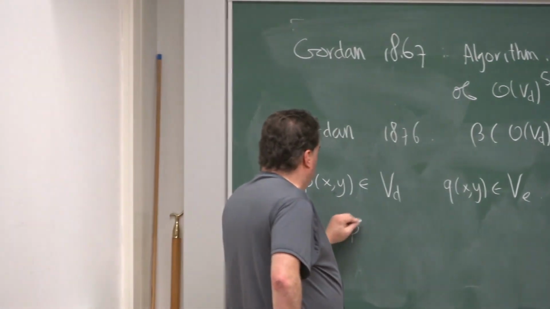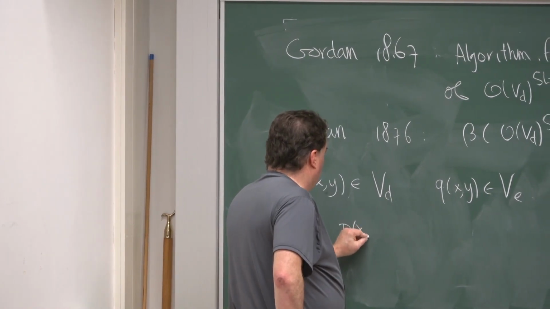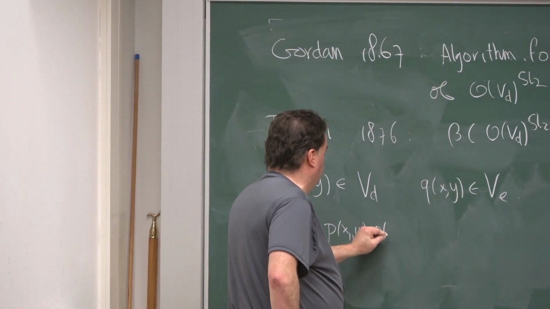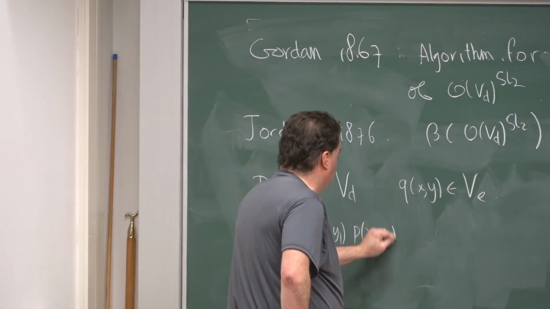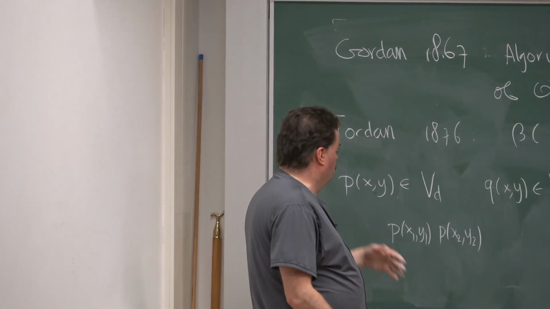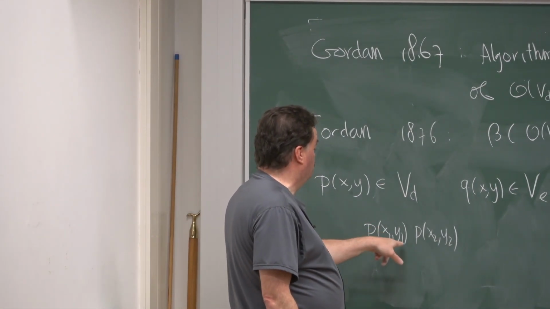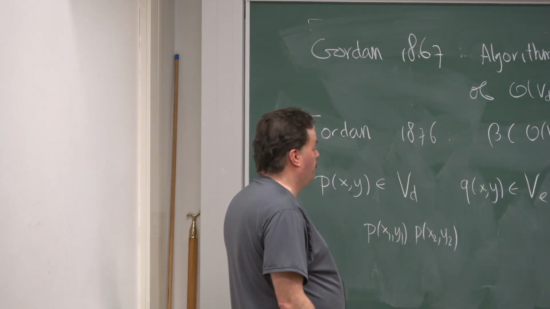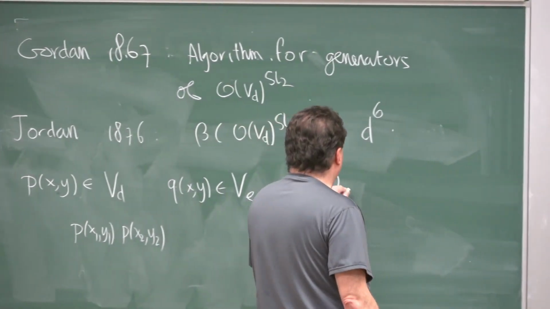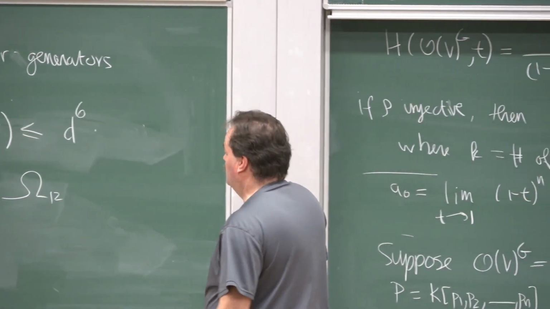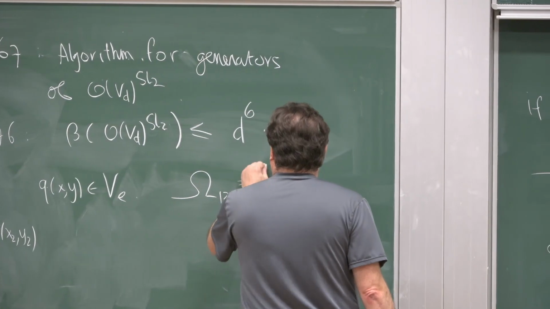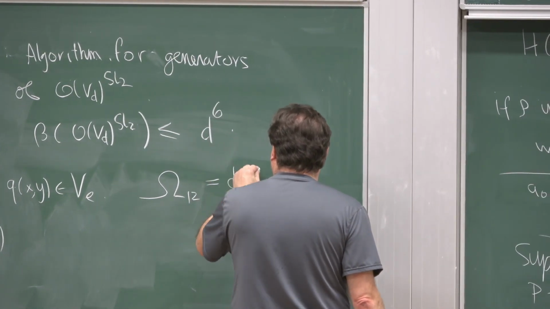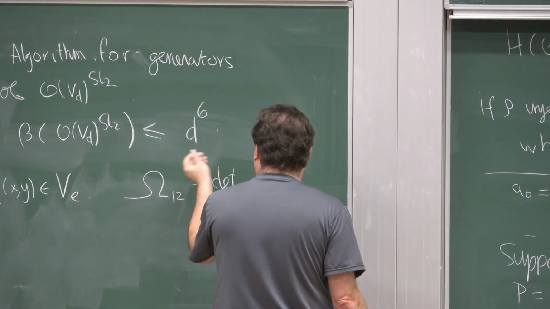So we can take P(x1, y1) times Q(x2, y2). And basically SL2 still acts on this, on both sets of variables. And then we also define this differential operator, omega 1,2, which is in some sense related to the omega that I described earlier.